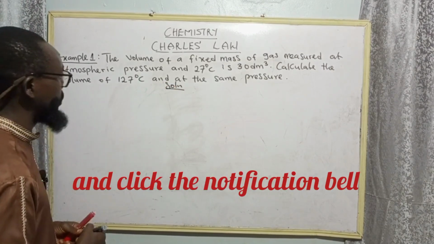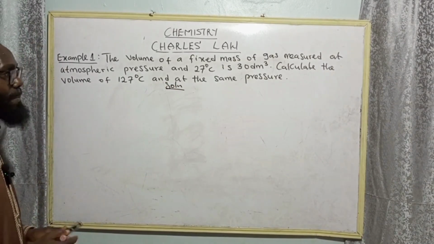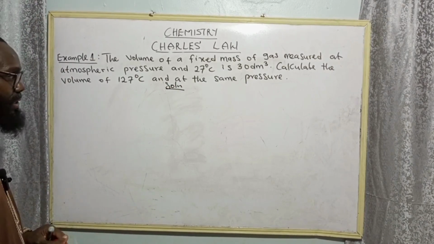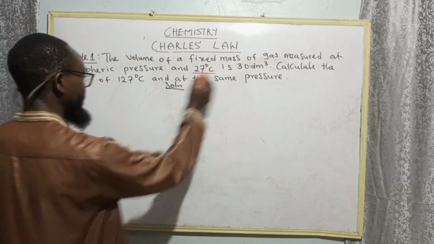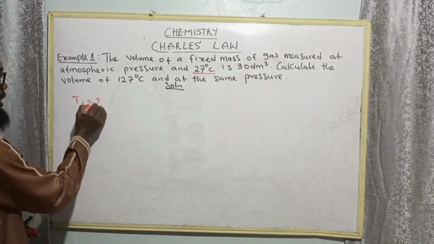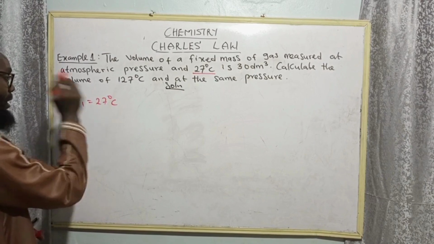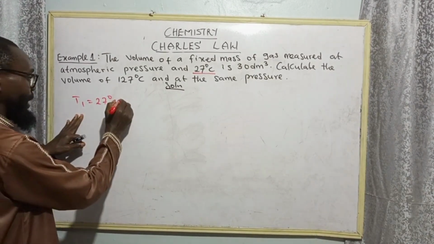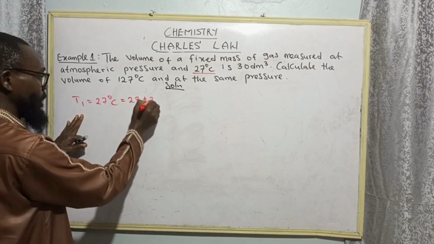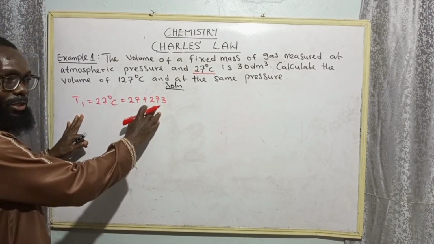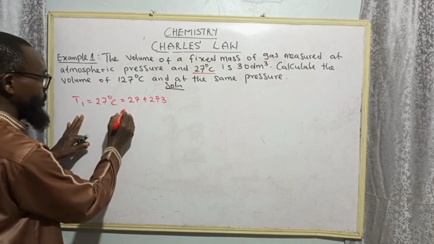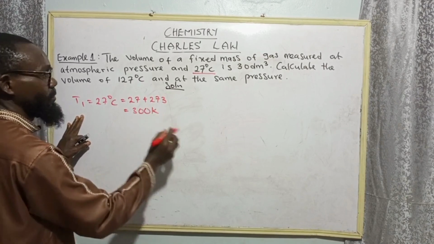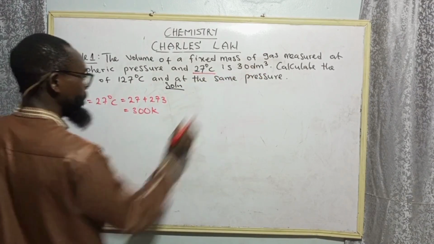So this 27 degrees Celsius is our T1. Don't forget from our previous classes, we have to convert this to Kelvin by saying 27 plus 273, which is the absolute temperature. When you add it up, we have 300 Kelvin. The volume is 3.0 dm cube, our V1.